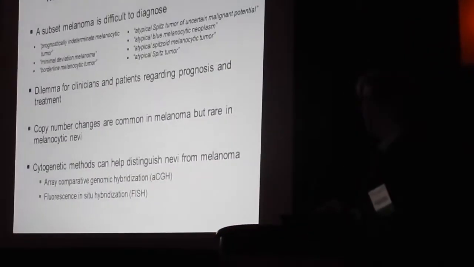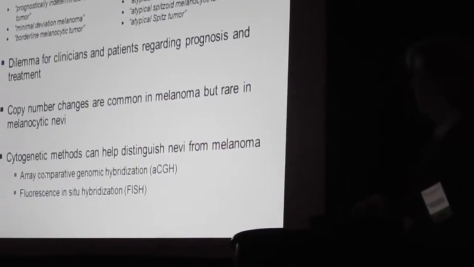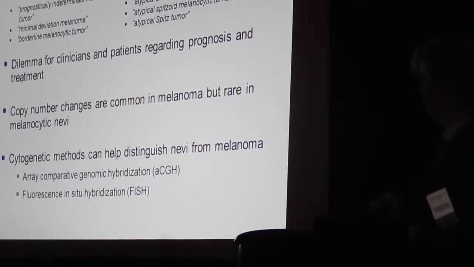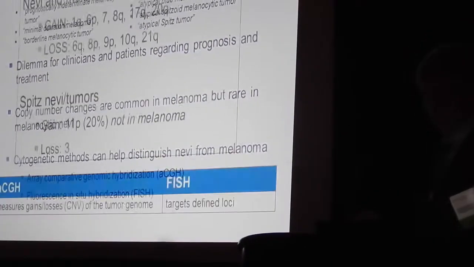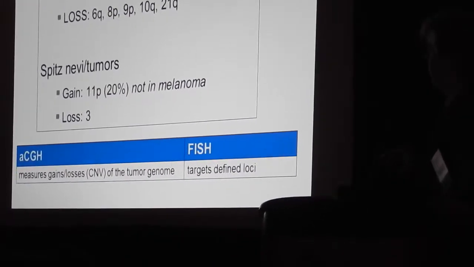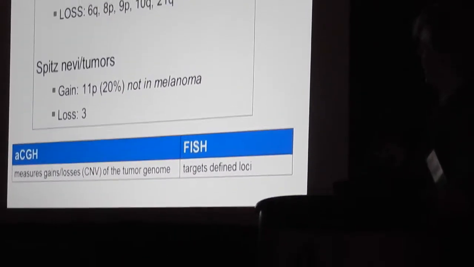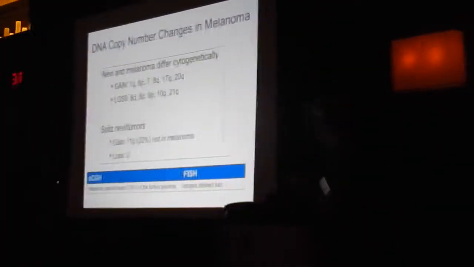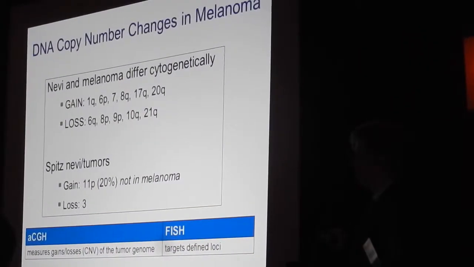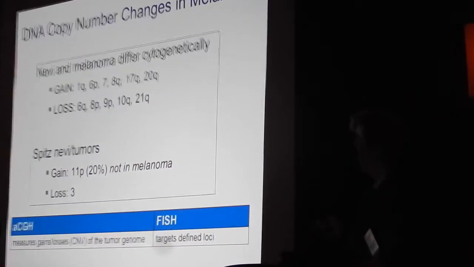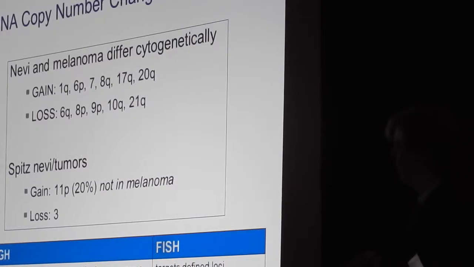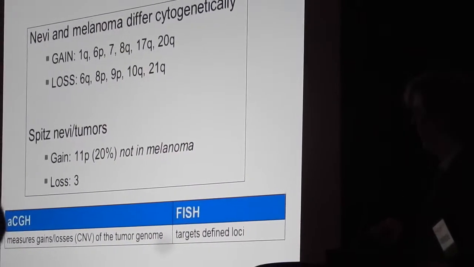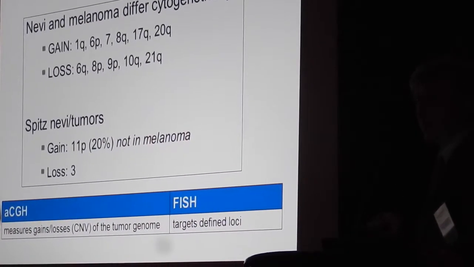And this can be done either by fluorescent in situ hybridization or by array comparative genomic hybridization, also known as array CGH. So in melanoma, we frequently see gains of 1q, 6p, and these other chromosomes here, and losses of these chromosomes. Interestingly, in Spitz nevi, we frequently see gains of 11p in about 20% of Spitz nevi.